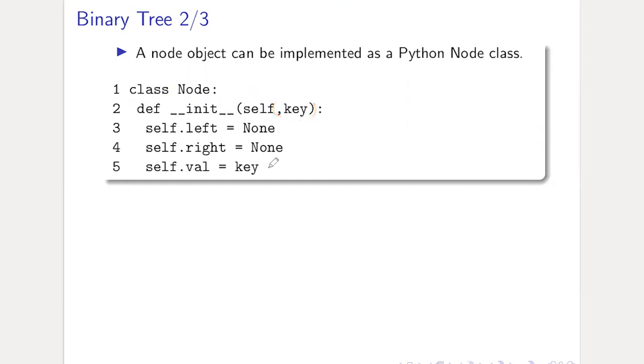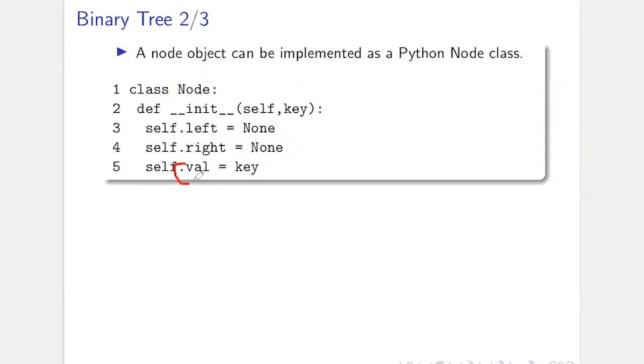This is to identify a particular node uniquely. This is just my sample implementation. Then I have the left child and the right child, two variables basically, which I initially set to none. They are not pointing anywhere.